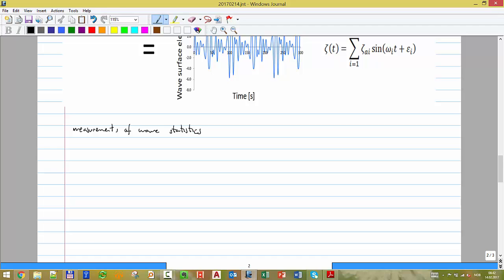You can also attach them to vessels, so vessels go and they measure. You can also measure from lighthouses close to the shore, how the sea varies. There are many different ways.